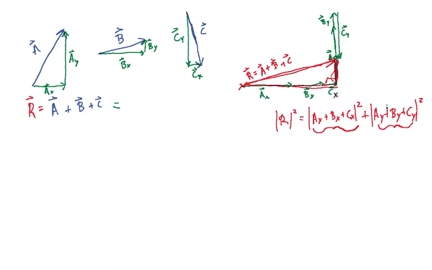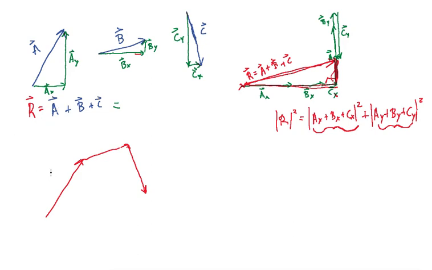It really doesn't matter what order you add the components in, but it allows you to add up multiple vectors that aren't making right triangles. Because if you just draw out A, B, C, if you draw those out, they are definitely not making a right triangle.